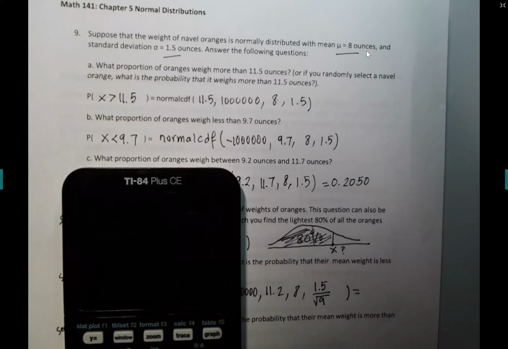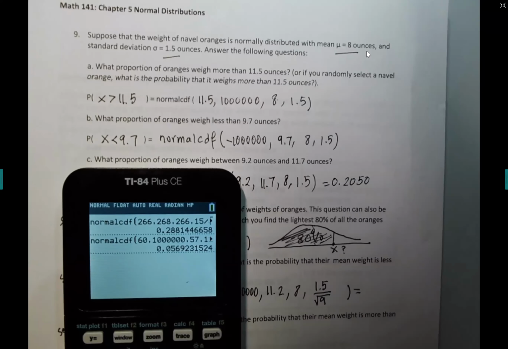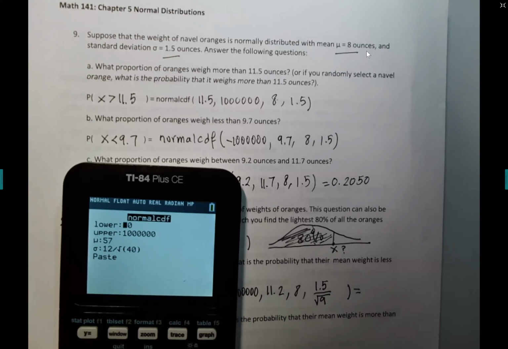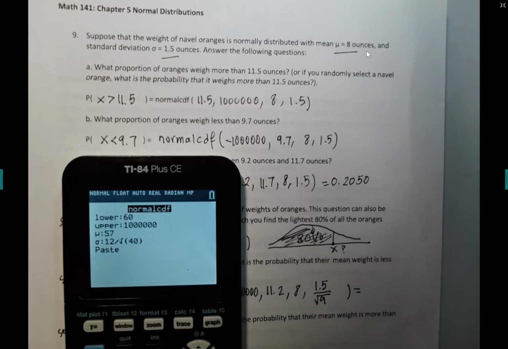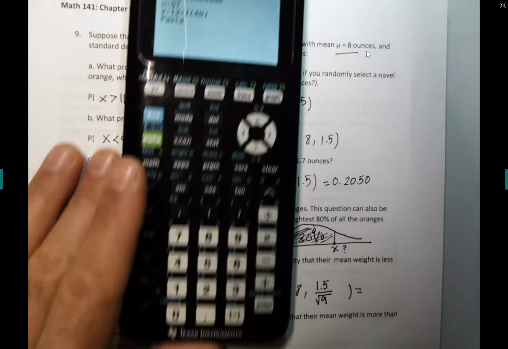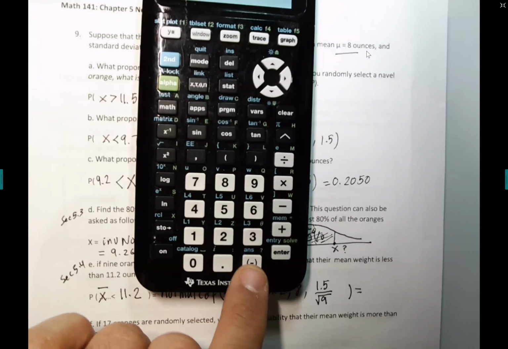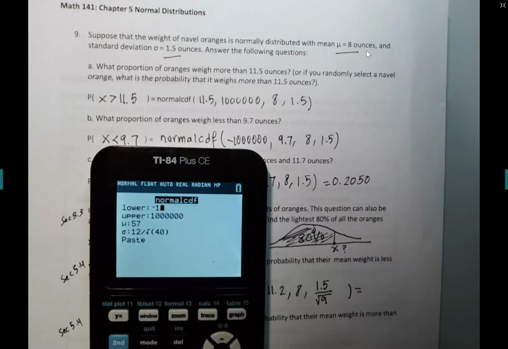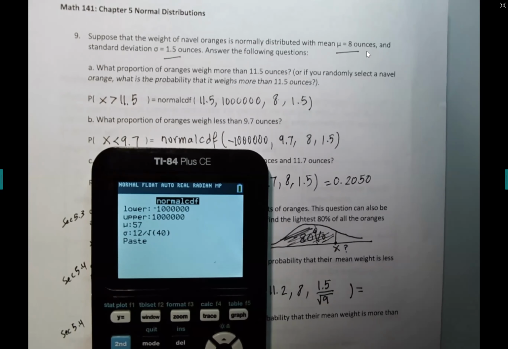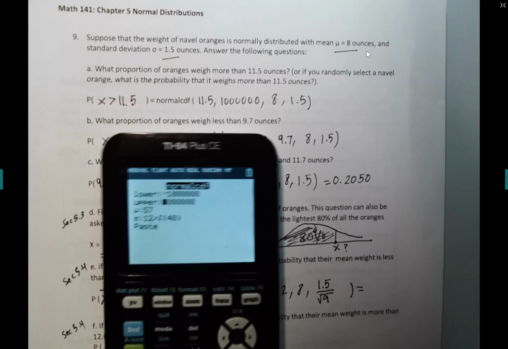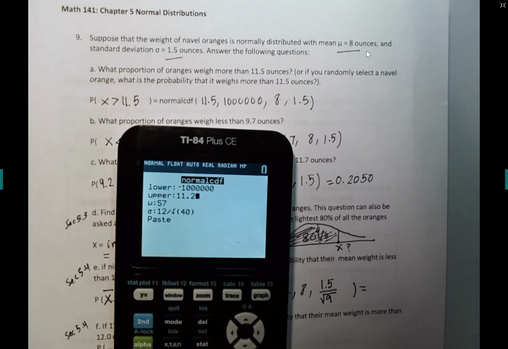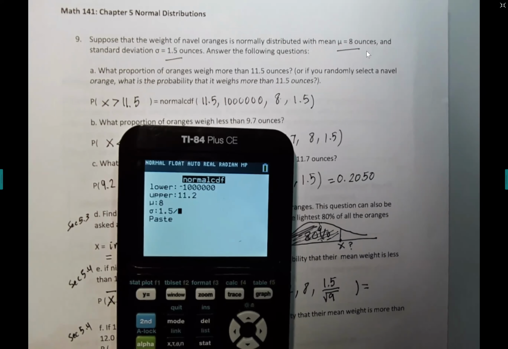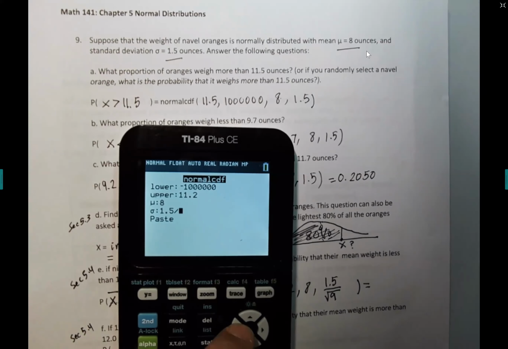So let's do it. So we go second and distribute. Normal CDF. I got -1,000,000. And again, guys, when you use -1,000,000, this is the sign for negative right here. Then 11.2. Then 8. Then 1.5 divided by square root of 9, which is, oh, sorry, 3.